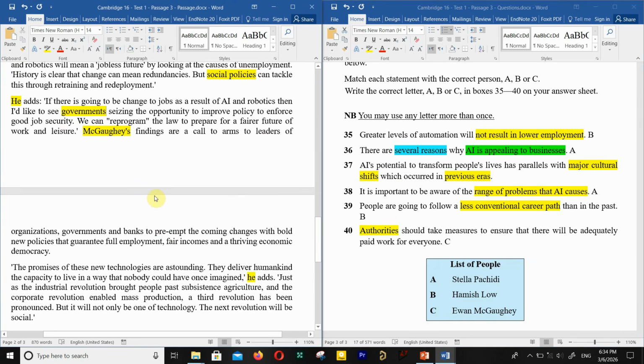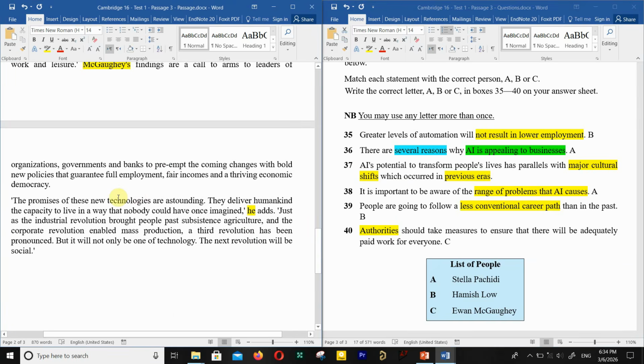Okay, now here, this last paragraph, the promises of these new technologies are astounding. They deliver humankind the capacity to live in a way that nobody could have once imagined. He adds, just as the Industrial Revolution brought people past subsistence agriculture and the corporate revolution enabled mass production, a third revolution has been pronounced. Okay.